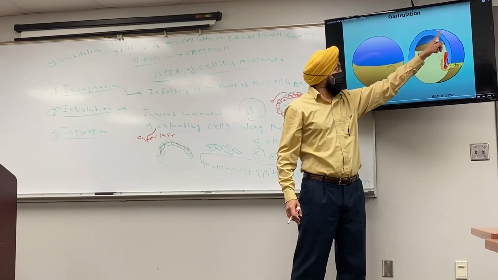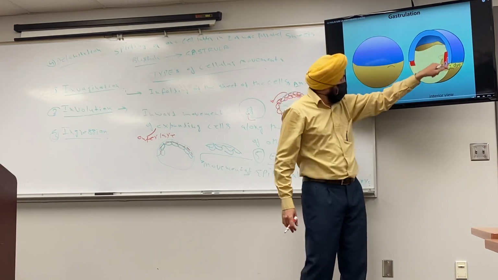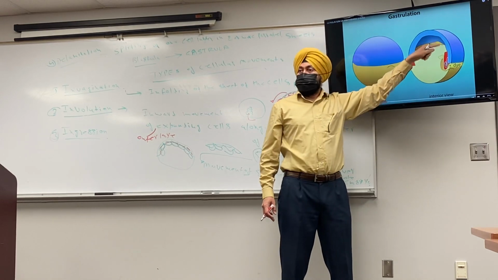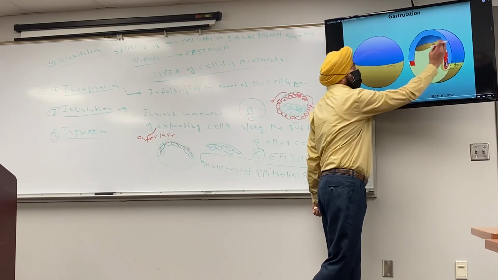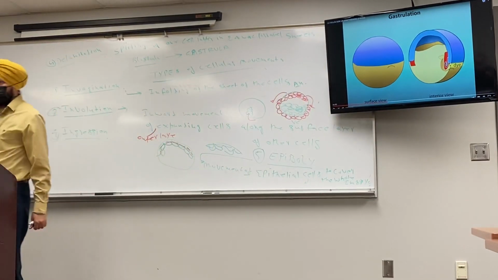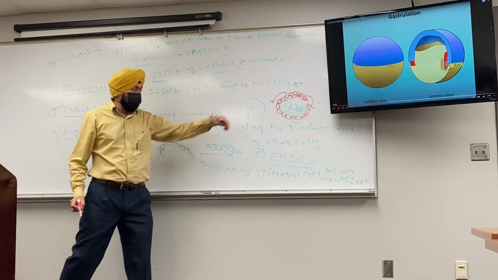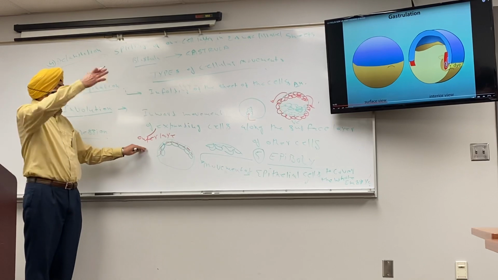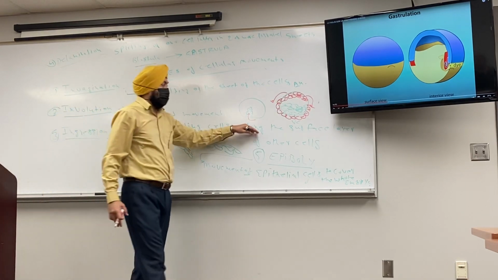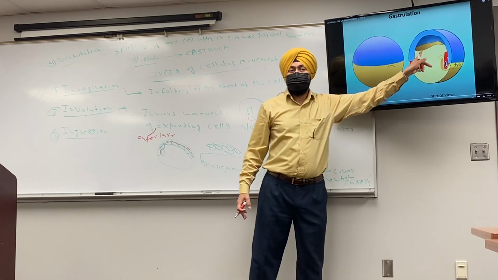So inward movement of the expanding outer layer of cells inside the developing embryo, along the surface of the cells. That is involution. So the outer layer of cells started moving inside, and they are expanding, and they are moving along the surface layer of the other cells. Is that making sense here?